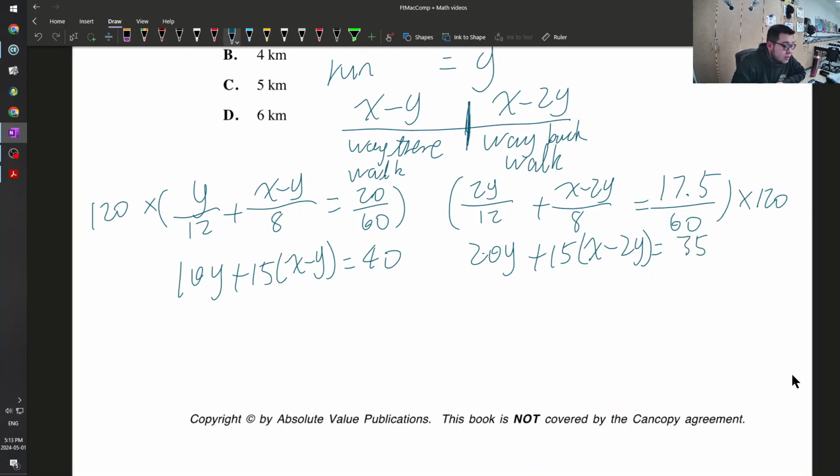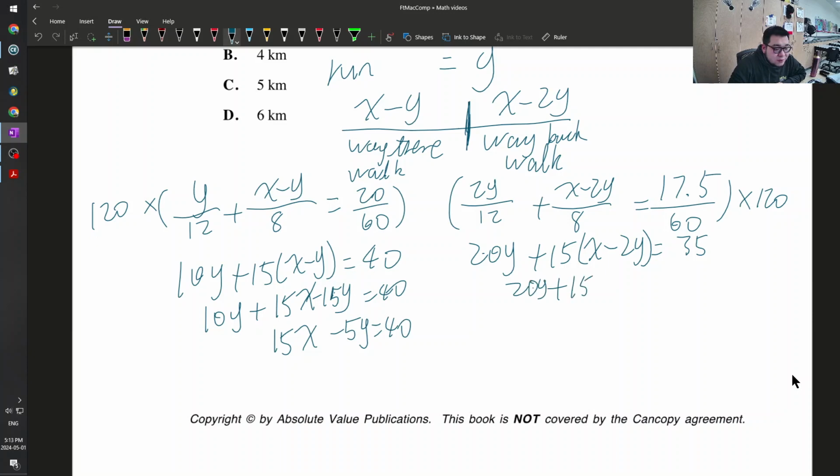Okay, let's expand everything and simplify. So 10y plus 15x minus 15y is equal to 40. We get 15x minus 5y is equal to 40. This one, I get 20y plus 15x minus 30y is equal to 35.